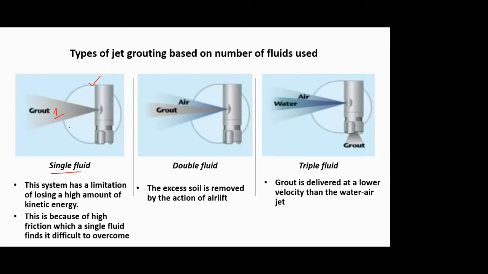But this single fluid system or type has a limitation that we are only utilizing grout. The grout is injected under some pressure. We are assuming that pressure will displace the soil, mix the grout with the soil, and then it will set over there.